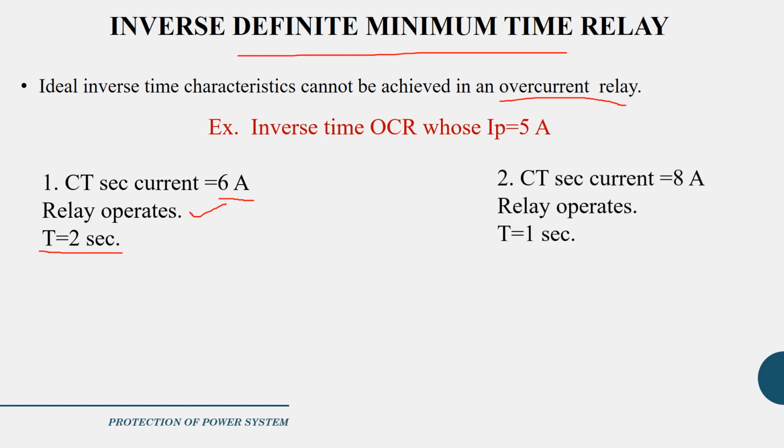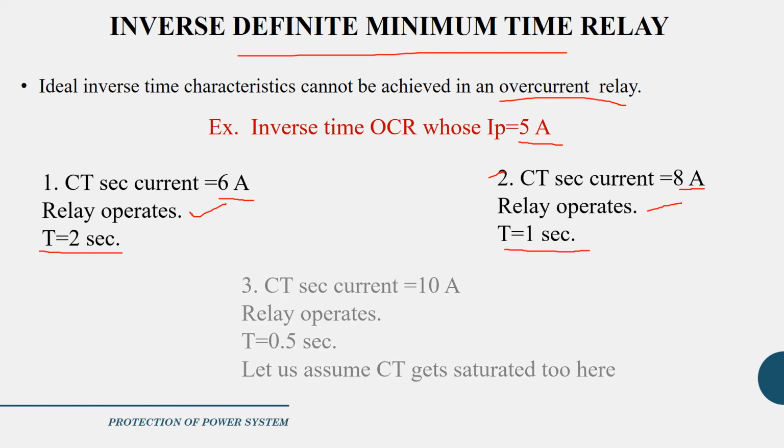Now consider the case when the system current has increased, and the CT secondary current also increases. Let us assume it is 8 ampere for a particular fault. Since 8 ampere is also greater than the 5 ampere pickup value, the relay will operate, and let us assume the time of operation is 1 second.